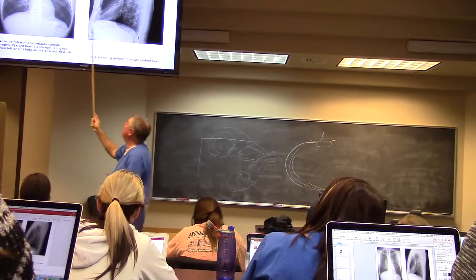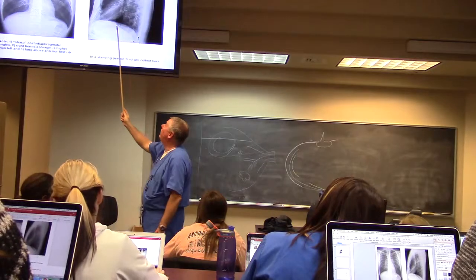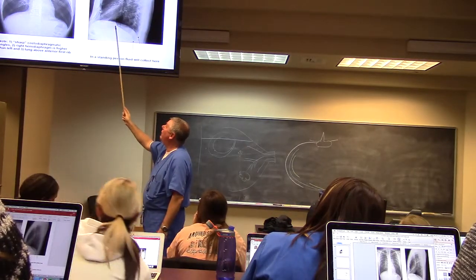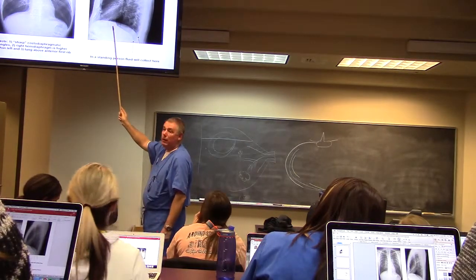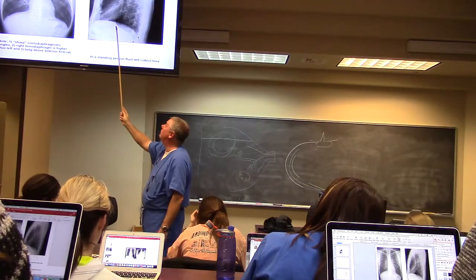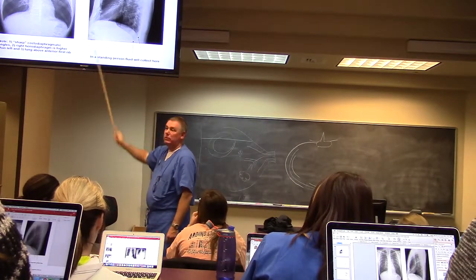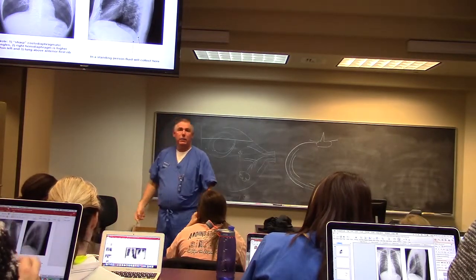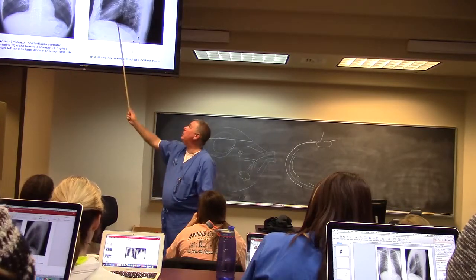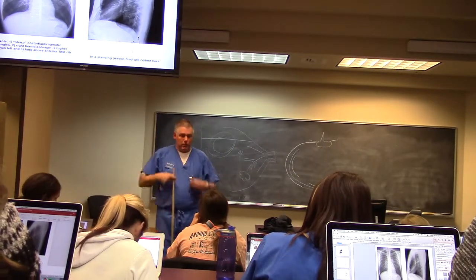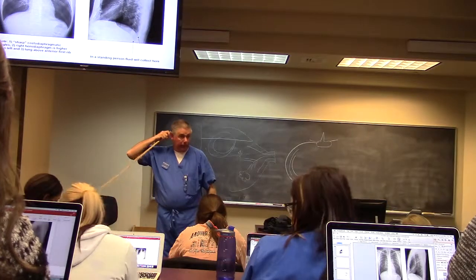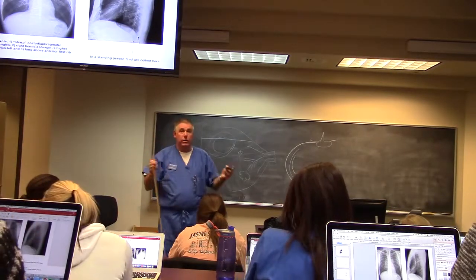The reason you can't see the left all the way across is because the heart sits here. You lose the diaphragm muscle and the heart muscle. It has the same density. So the left hemidiaphragm looks like it's only half the length of the chest, and in fact, it's all the way across. You just can't discern it from the heart.